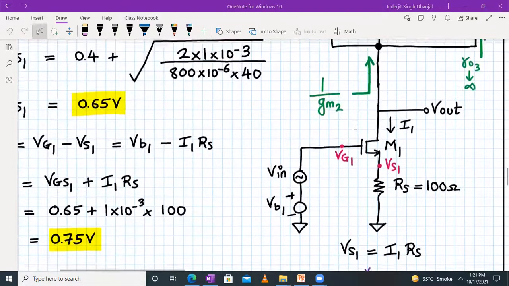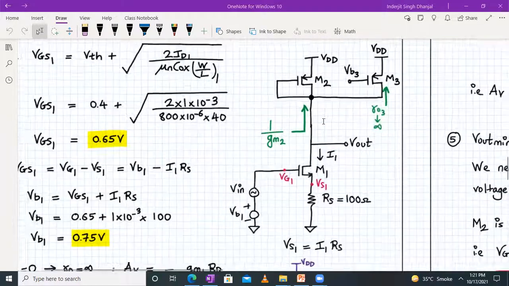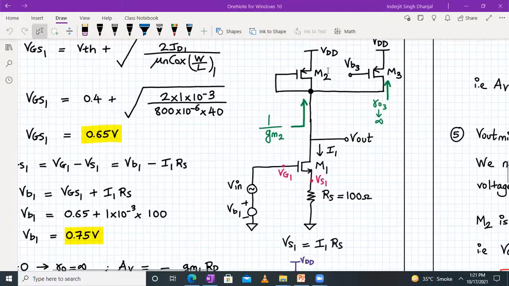Okay. Now let us look into this in a little more detail. So M2 is a diode connected PMOS transistor. So if you look into the drain terminal, the equivalent impedance will be 1 upon gm2. We have seen this before. In fact, there would be the effect of channel length modulation, but lambda is 0, so ro will be infinity.